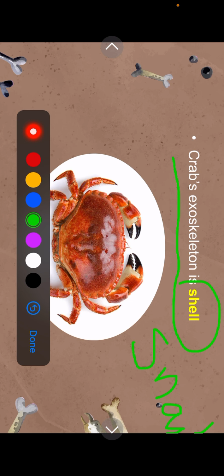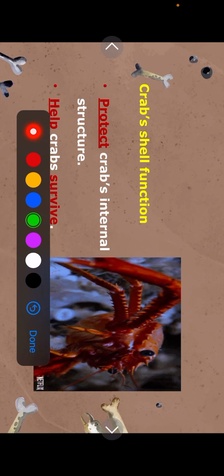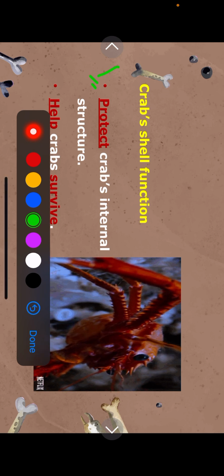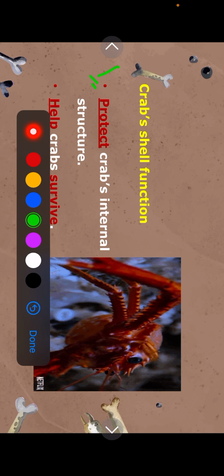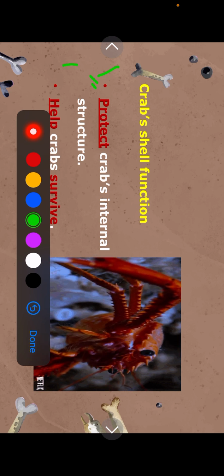But what about the ladybug? Yes, the hard set of wings is the exoskeleton. What is the function of the crab's shell? Number one, it protects the crab's internal structure. So the main function is protect. And number two, it helps crabs survive.